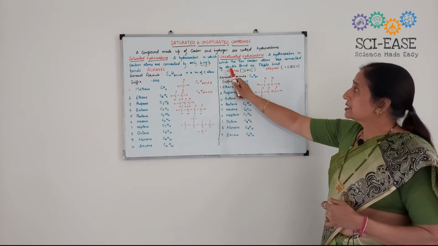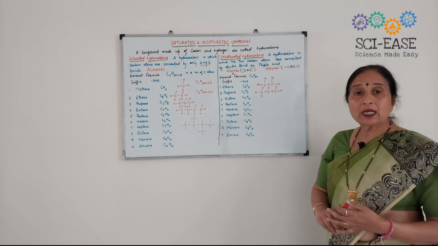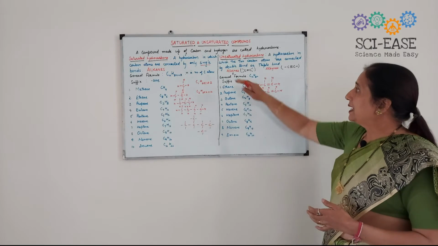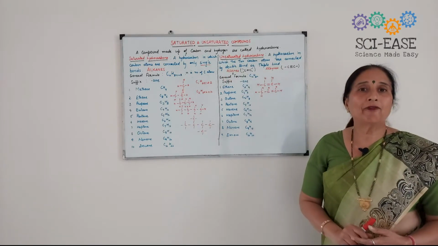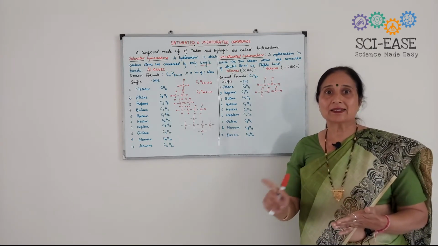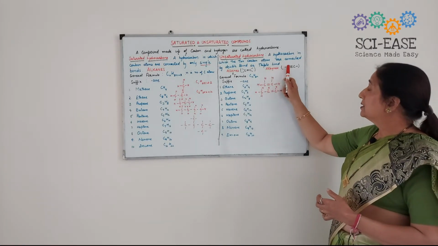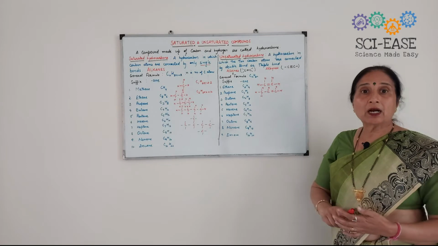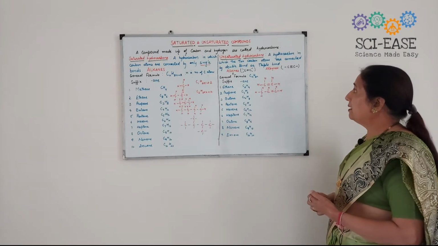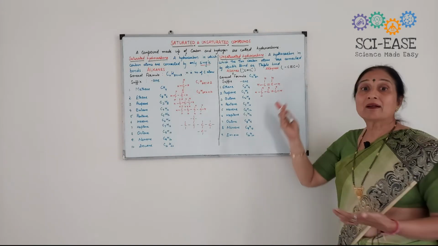If there is a double bond between carbon-carbon, then alkenes are formed. And if there is a triple bond between carbon and carbon, then they are known as alkynes.